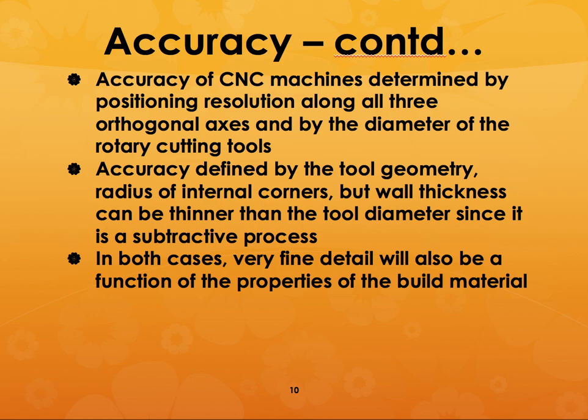It is also going to be determined by the positioning resolution along all the three orthogonal axes and the diameter of the rotary cutting tool. Suppose you have rotary cutting tools that are part of this machine, that is also going to control the final part dimensions. So very fine detail is going to be controlled by that.